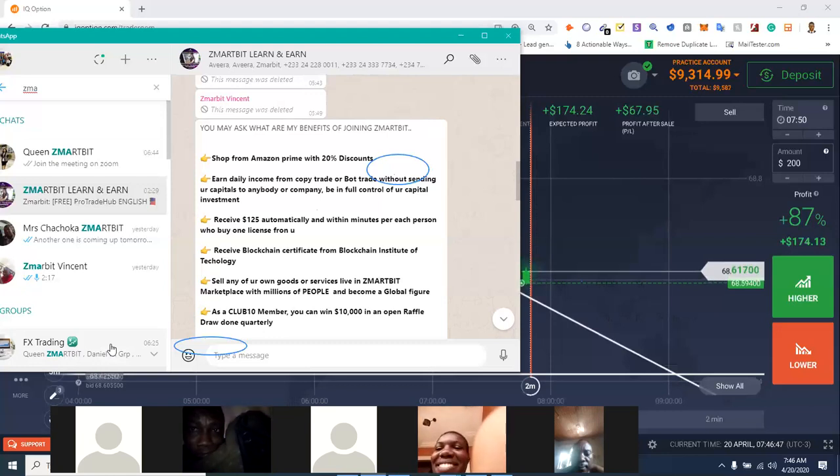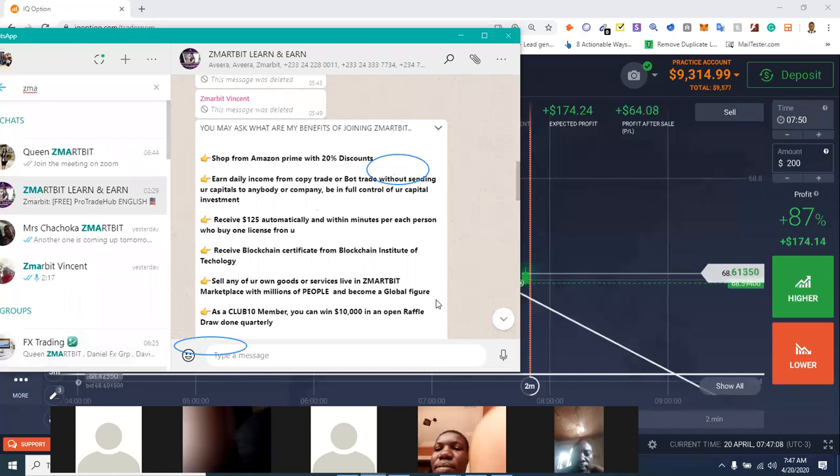If you guys know about IML market, I lost $500 on IML market. But SmartBit is Baba. Just take it that way. You can sell your own goods on SmartBit marketplace with millions of people and become a global figure.